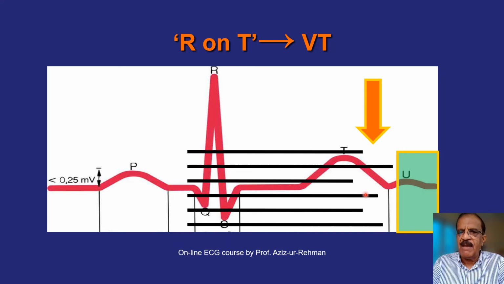I hope I was able to explain. Read more on this; it is interesting. So any ectopic or depolarization in the form of DC shock which falls on the downslope of the T wave is likely to trigger a ventricular tachycardia. This is why we go for synchronized DC shock.